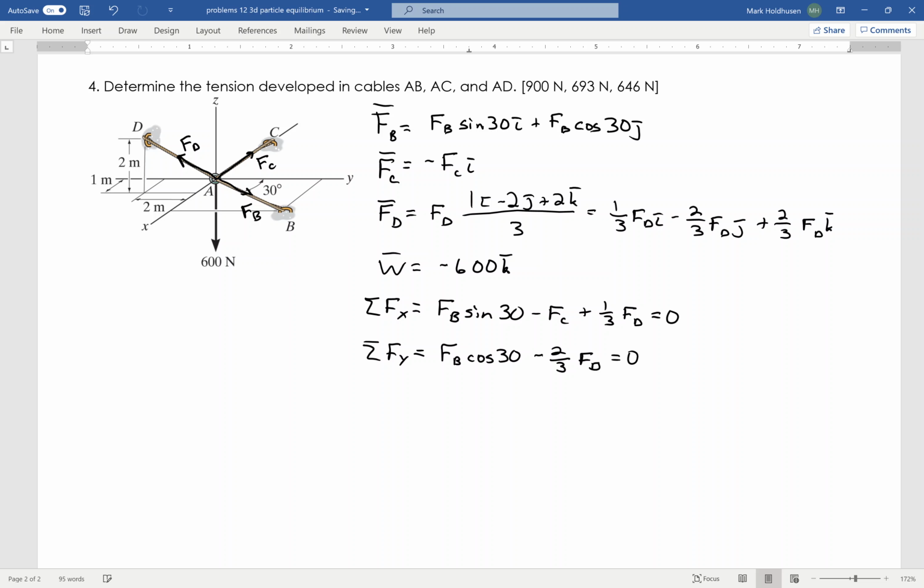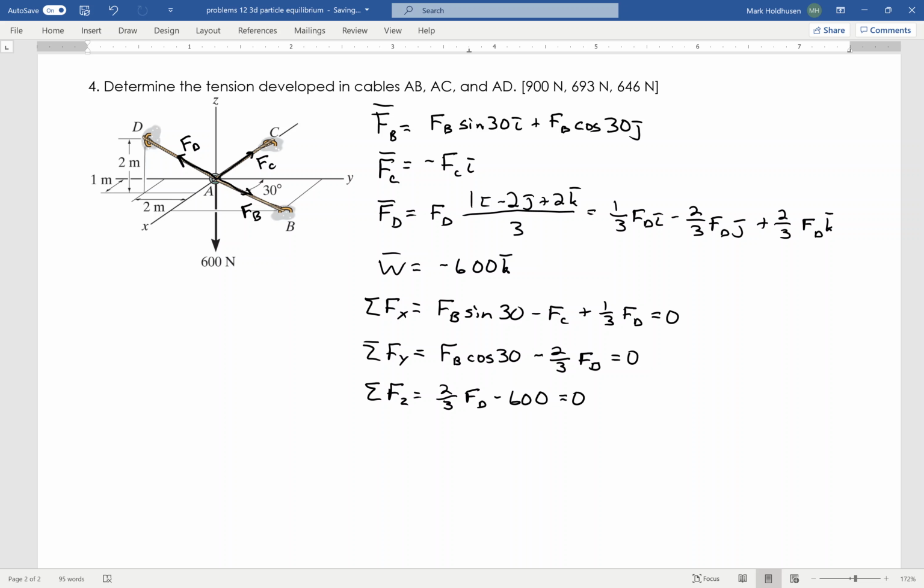Set that equal to 0 as well. Do the same thing in the z direction. Okay, in the z direction, I've got nothing for FB, nothing for FC. I only have 2/3 FD minus 600 equals 0.